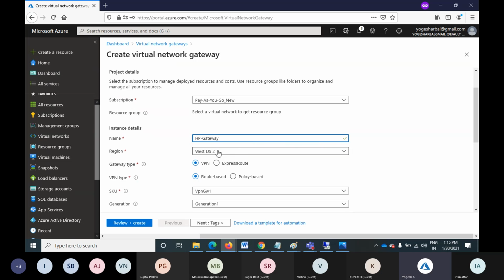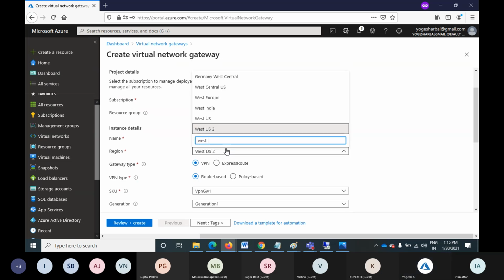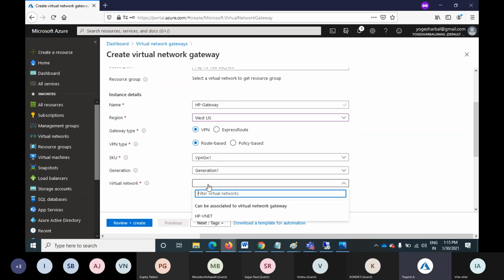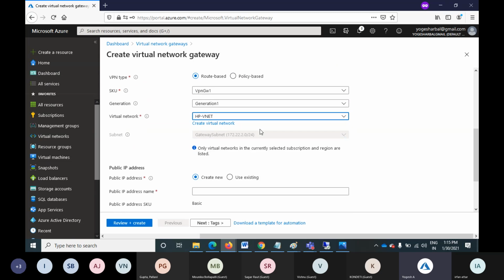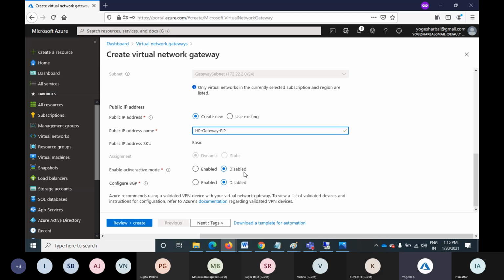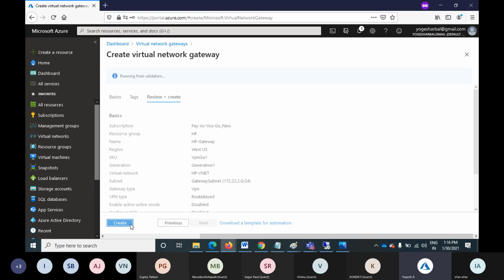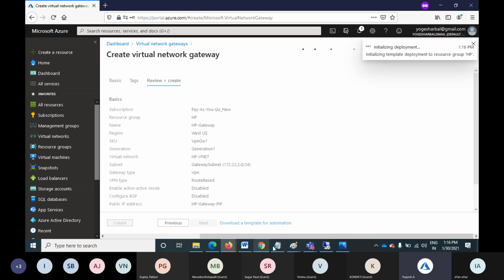HP-gateway, West US, VPN gateway 1 generation 1, virtual network which we have created, which is HP VNet, and HP gateway public IP PIP. That's it. Okay, let's deploy. Again, it will take around 20 to 25 minutes. So meanwhile we can discuss the endpoints. No issues.